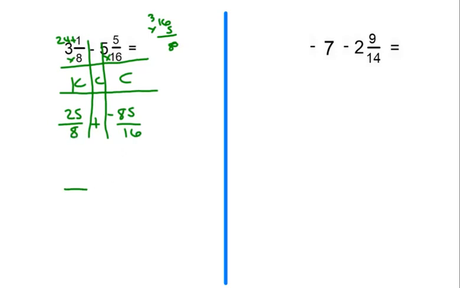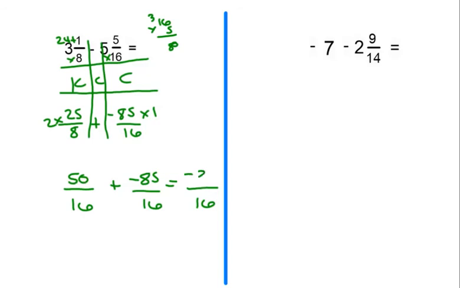My common denominator is going to be 16. 8 goes into 16 two times. 2 times 25 is 50. 16 goes into 16 one time. Negative 85 times 1 is negative 85. I have different signs, so I'm going to subtract and keep the sign of the bigger number. 85 minus 50 is 35.